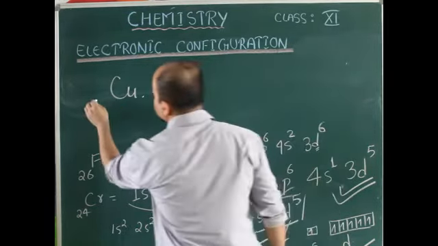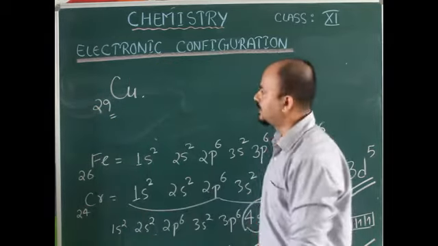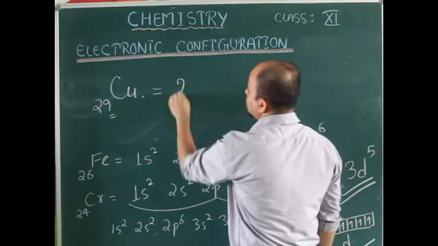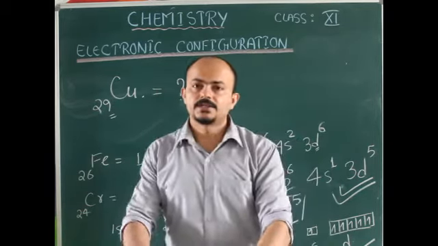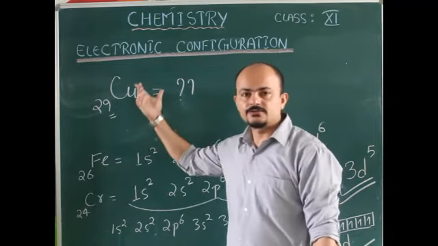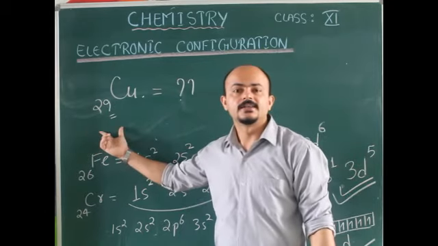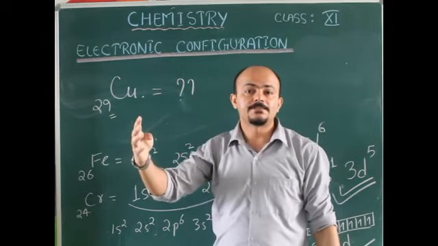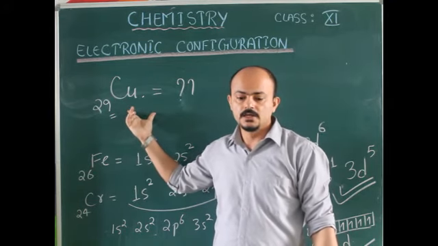Therefore, its atomic number is 29, and writing its electronic configuration will be your assignment. Please do it. Try to apply all the rules, and don't forget to apply the 4th rule, half filled and completely filled, because it is based on that.